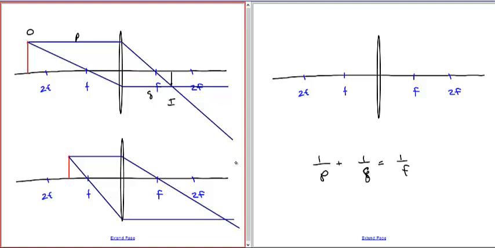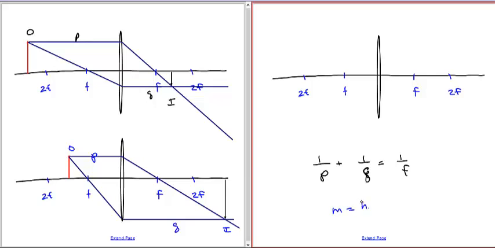So that intersection of these points is where your image is. So you have the object, you have the image. This is P, this is Q. Also remember, magnification is the height of the image over the height of the object, which is negative Q over P again.